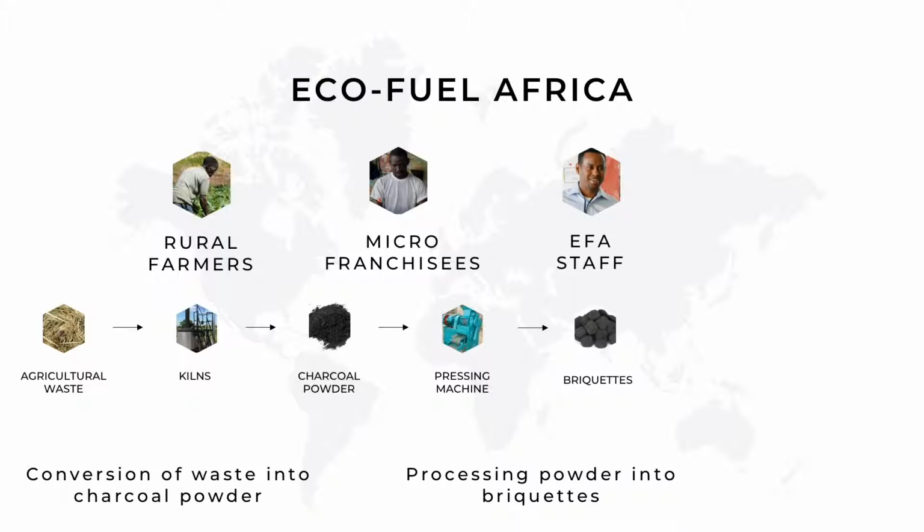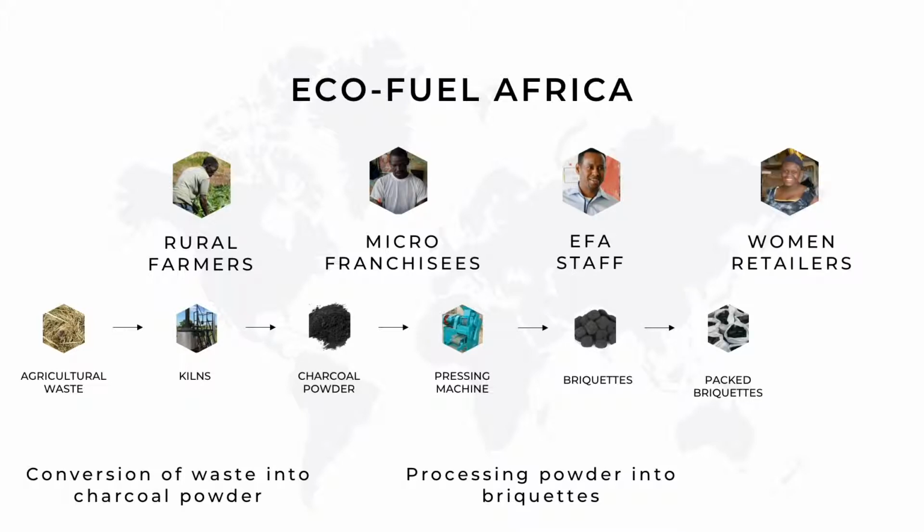The EFA staff packages and distributes the charcoal briquettes to the woman retailers who sell the briquettes to the final consumer. As a focal point of the value chain, the EFA staff is in charge of technology development and transfer, leasing, training, and network management.